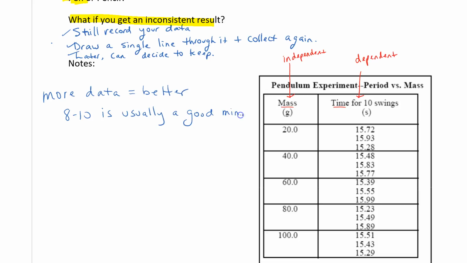Depends a little bit on the setting. There are some very famous experiments where they collect millions of data points. There's a few where it's just impossible because of the way the whole experiment is set up to do too many like that.